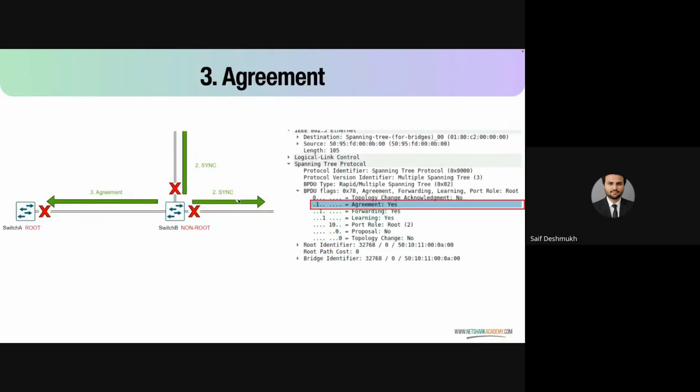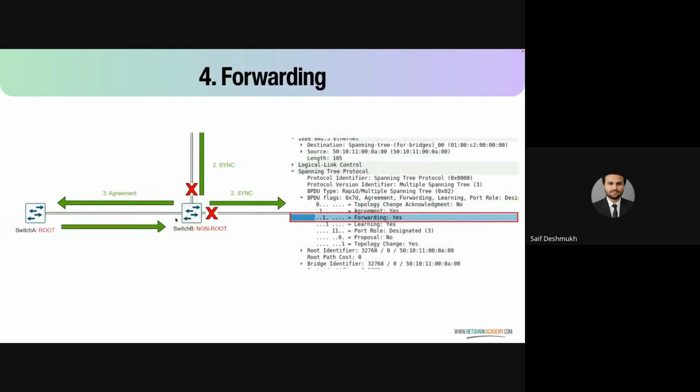In the agreement process, it sends its version of BPDU, and inside of it you will see the agreement: okay, you should become the root bridge. And forwarding means switch A will put these interfaces into designated port, and this switch can put its interface as a root port.